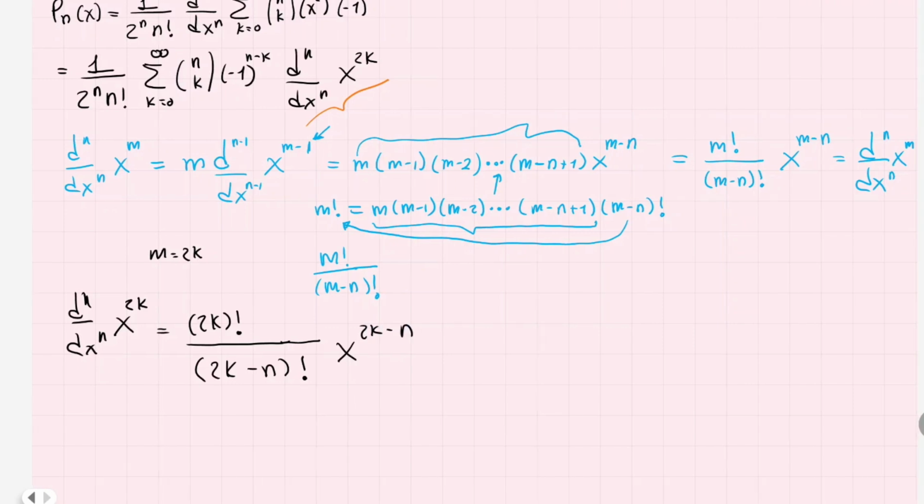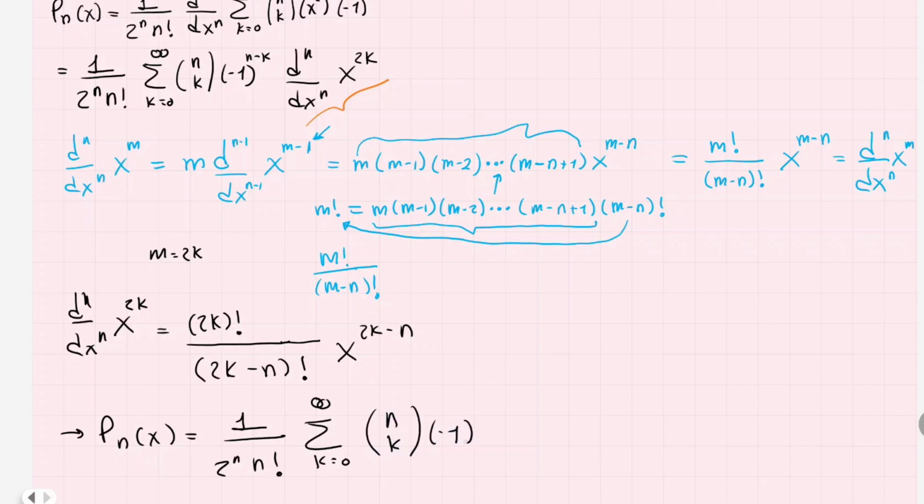Okay? So if we substitute that in our formula for Pn of x, we are going to get that Pn of x is equal to 1 over 2 to the n times n factorial times the sum from k equals 0 to infinity of n choose k times negative 1 to the n minus k power, and then all this that we just found.